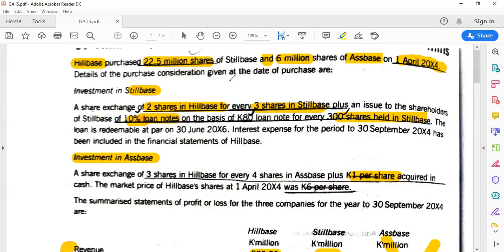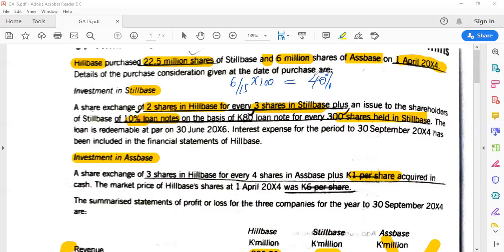So we simply say he purchased 6 million shares out of 15 million. Then when we multiply that by 100, what is the percentage you are getting? 40%. Yes, sir. See? 40%.